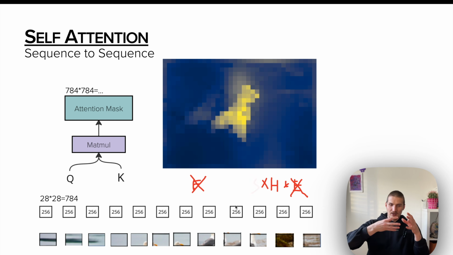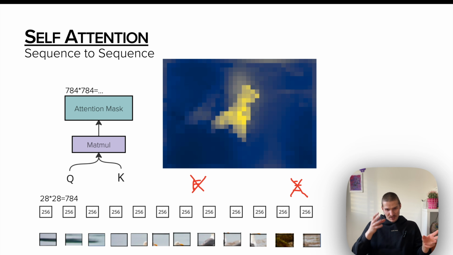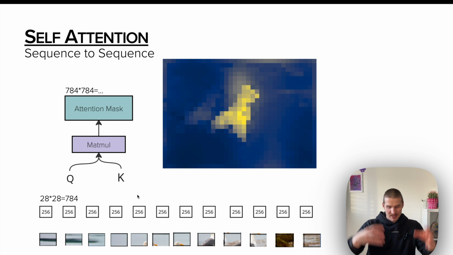So it will calculate the dot product for every possible pair within these batches and within the heads. And the output is just what we need. So it's basically this dot product of query and key calculated over all possible pairs within the sequence, and then for every batch, for every head.